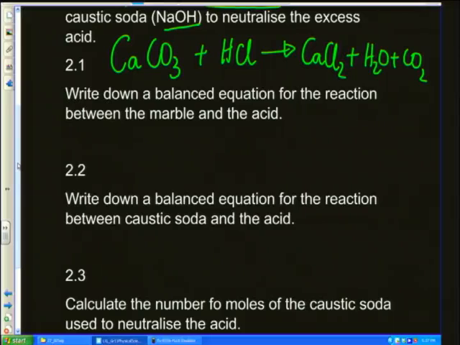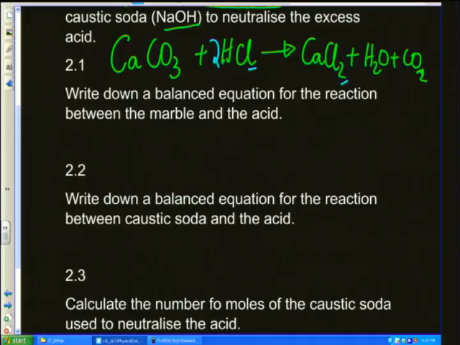Right, now balancing it out, you had calcium 1, C 1, I'm fine, but then I have a problem with the hydrogen already and the Cl, because I've got 2 on the right, I've got 1 on the left.